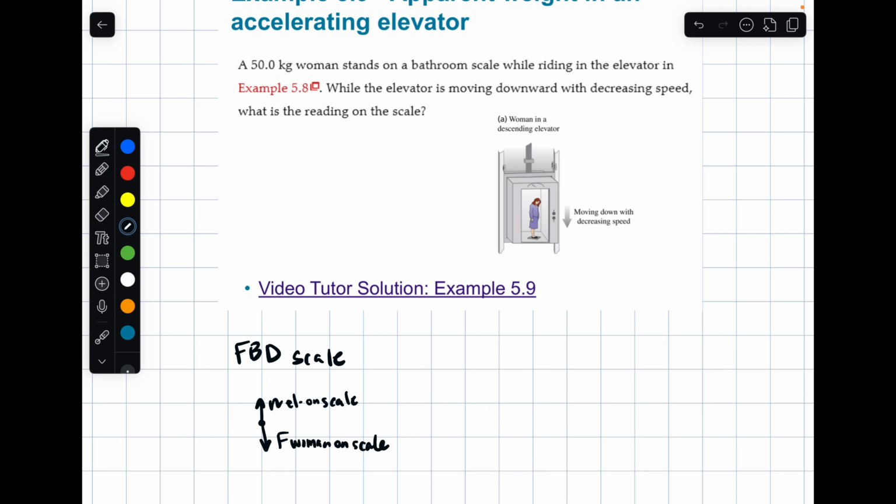So we're taking this route because we're going to need to describe the reading on the scale. And the reading on the scale is a result of the Newton's action-reaction pair between the force of the woman on the scale and the force of the scale on the woman. So now let's draw our free body diagram of the woman.